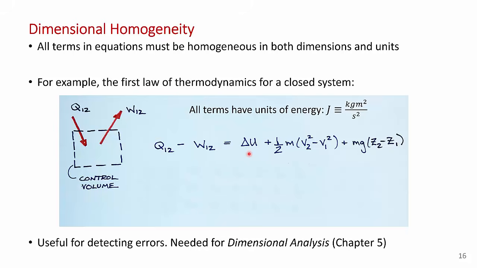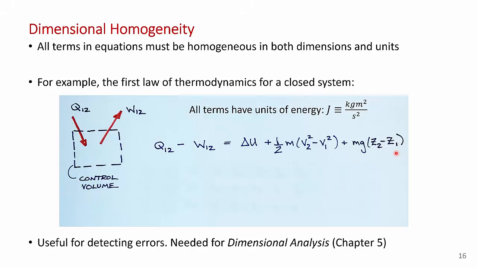The difference either goes into thermal energy, it can change the kinetic energy from state 1 to state 2, or it can raise something inside that control volume. It can gain gravitational potential energy, mg(Z2 minus Z1).